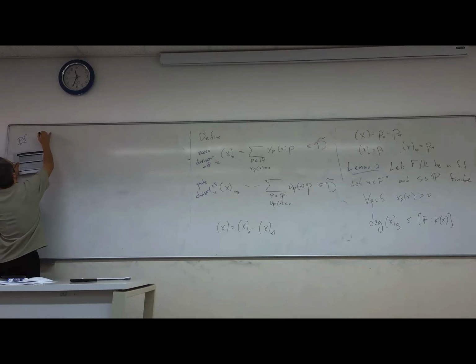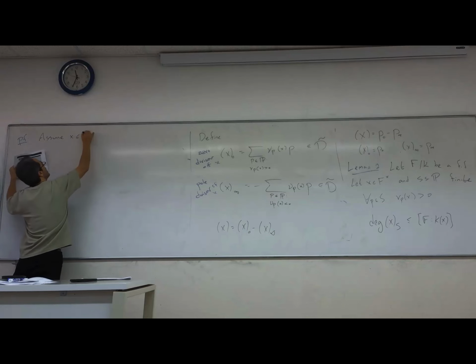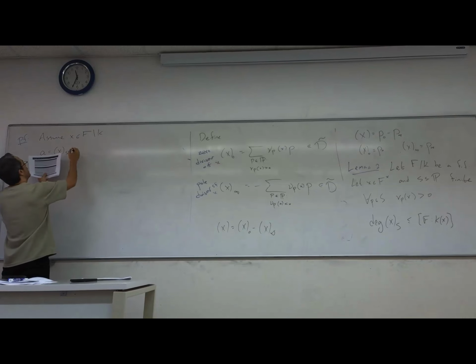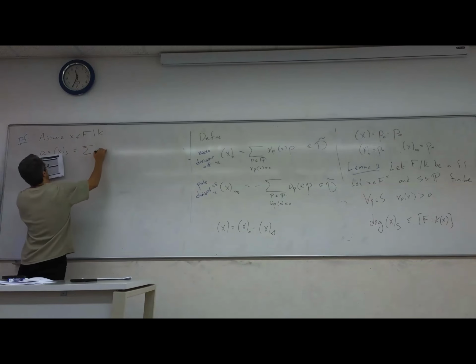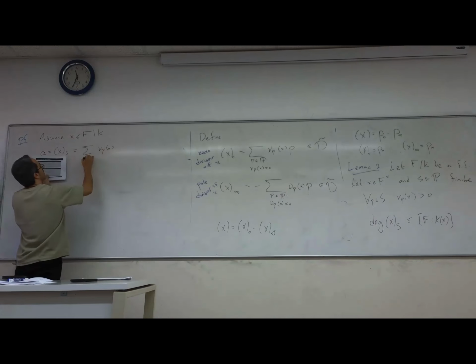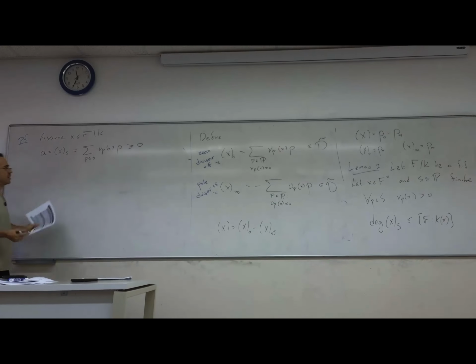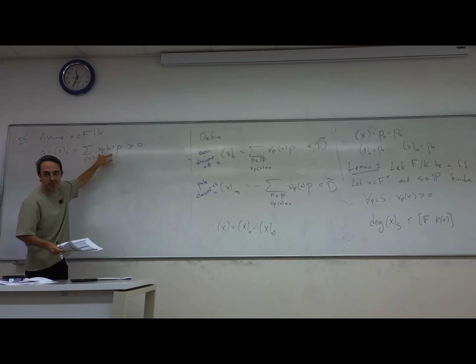Good. So assume, right, let's start with this. Assume x is in F, not in K, because K is easy. And just for us not to carry it around, let's denote this divisor by A, just being lazy. And as a reminder, that's exactly this thing, and it's a non-negative divisor, because these are always strictly positive.